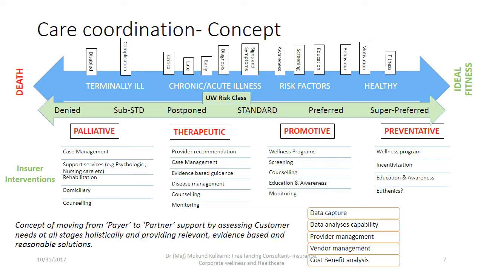But from an insurance perspective, where we look at risk selection, which we call the underwriting risk class, we can map those stages to the underwriting classes which we build in our guidelines, and we operationally then make the selection.